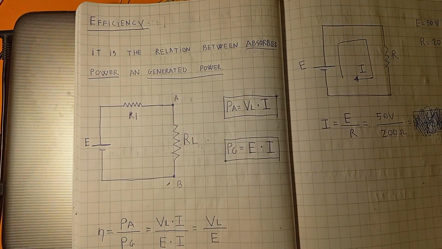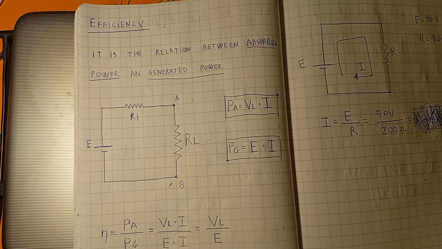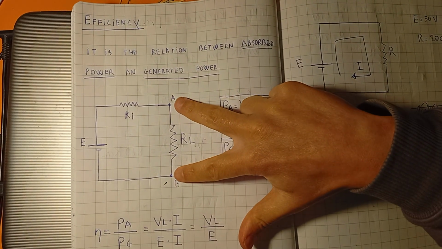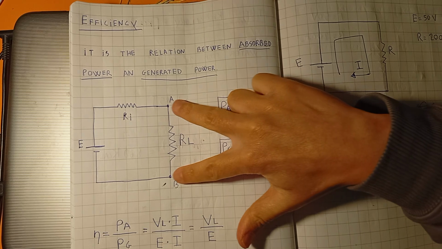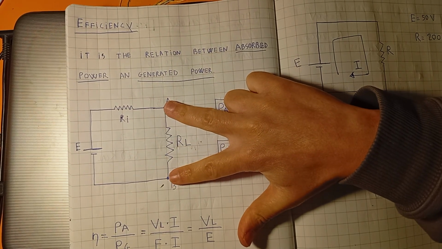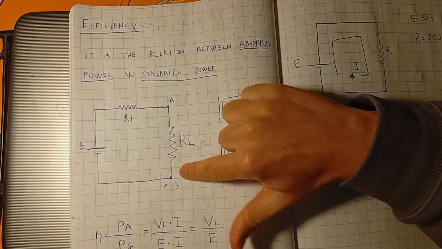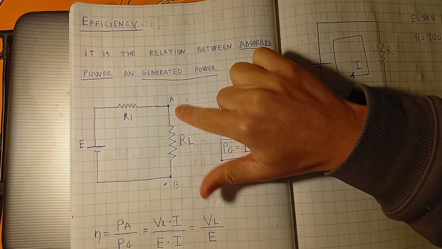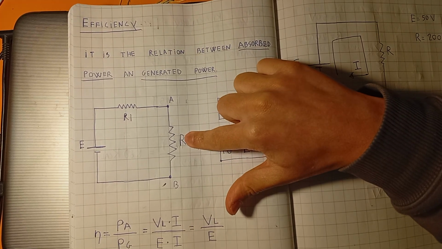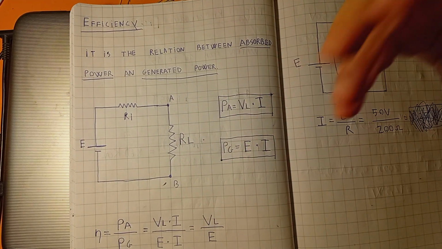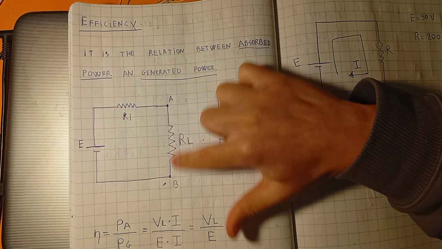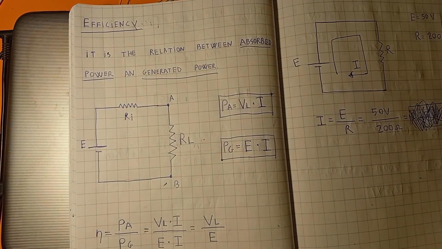What is the user? Well, the user could be like an electrodomestic or a machine, or what you prefer. Let's imagine something that needs energy, something that needs power. So this is something that has to function and needs power. It could be whatever you want.